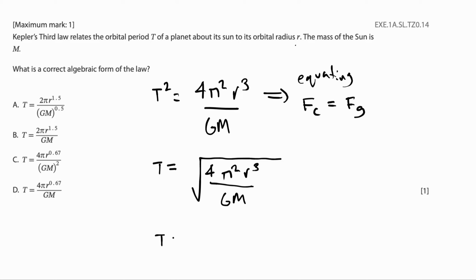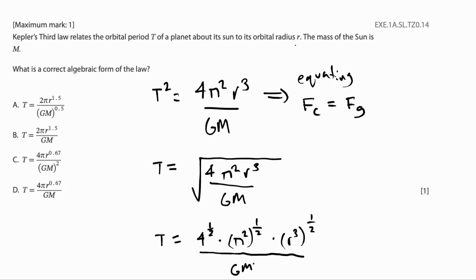So T is equal to, well, it's going to be 4 to the power of 1 by 2, which is nothing but the root of 4, times pi squared to the power of 1 by 2, which is again nothing but the root of pi squared, times r cubed to the power 1 by 2, which is nothing but the square root of r cubed, and at the bottom we have GM to the power of 1 by 2, which is nothing but the square root of GM.